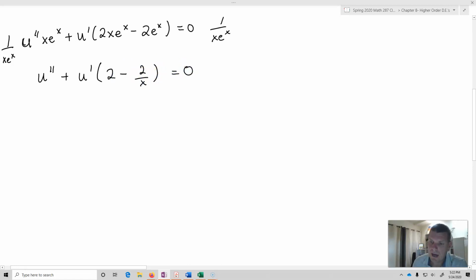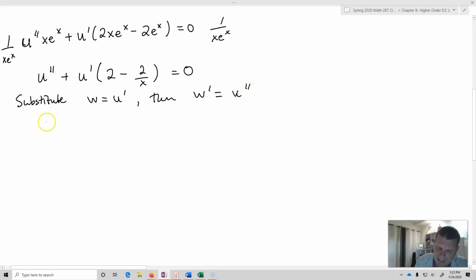Now I want to notice that if I substitute w equal to u prime, then w prime equals u double prime. That gives me w prime plus w times (2 minus 2 over x) equals 0.